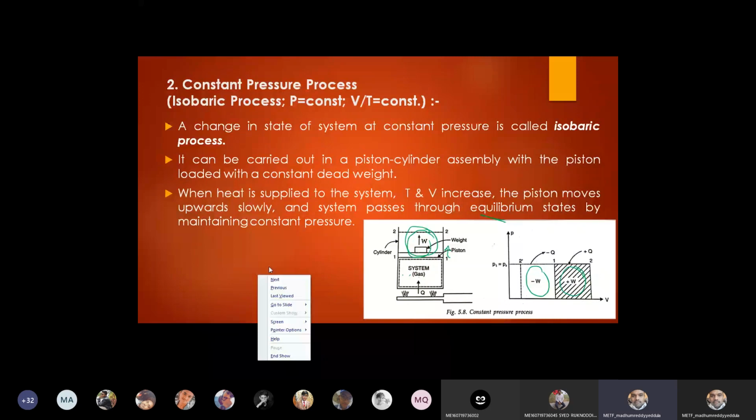So we got dou W is equal to P into V2 minus V1. And dou Q minus P into V2 minus V1 is equal to dU. So dou Q can be written as M into Cp into T2 minus T1.